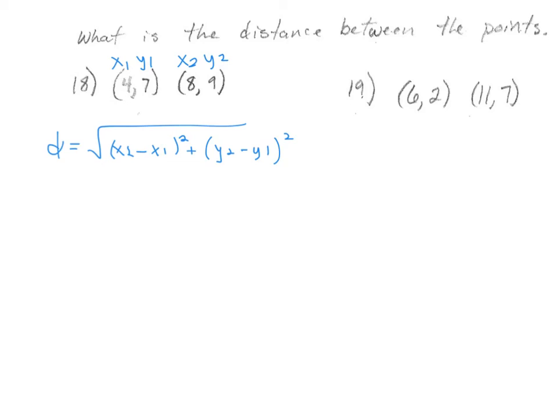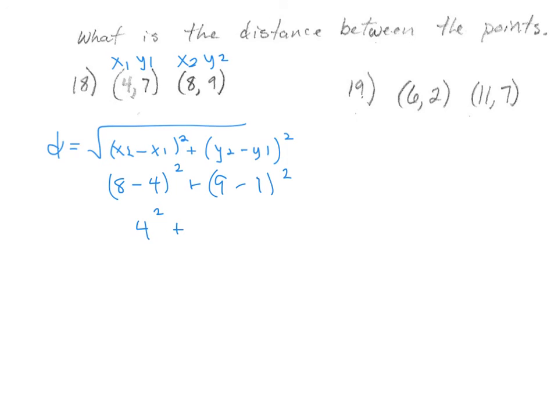And so I'm going to fill in the formula. I'm going to start inside here with the x2 minus x1. So my x2 is 8. 8 minus 4 plus 9 minus 7 squared.